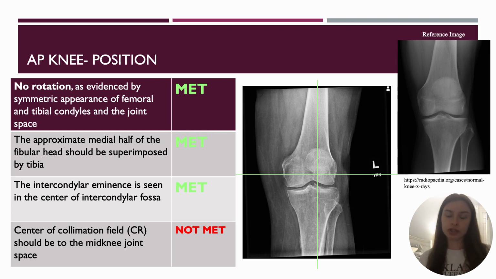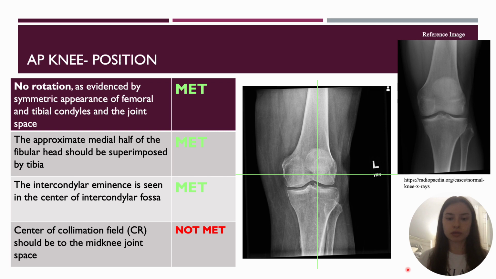Now we have position, so the first criteria is no rotation as evidenced by symmetric appearance of femoral and tibial condyles and the joint space. I did say met for this one because the joint space does appear pretty symmetric, and those condyles of the femur and tibia are right on top of each other and symmetric as well. The next criteria is the approximate medial half of the fibular head should be superimposed by the tibia.